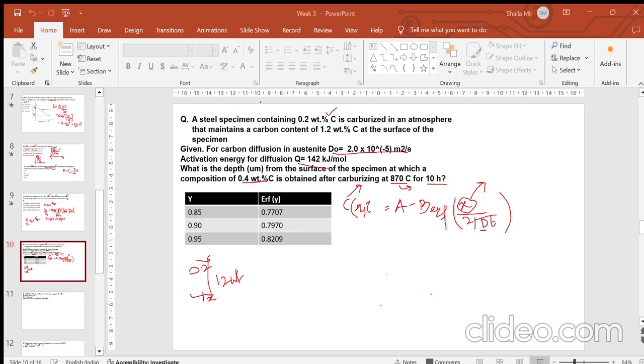So that will be 7.8 multiplied by 10 to the power of minus 11 is equal to D naught e to the power of minus 41.5 times 10 to the power 3, because kilojoules, divided by 8.314 and your temperature 300, so that will be 573.